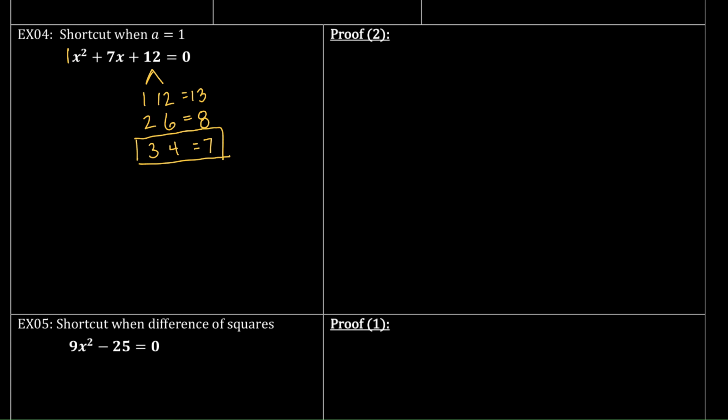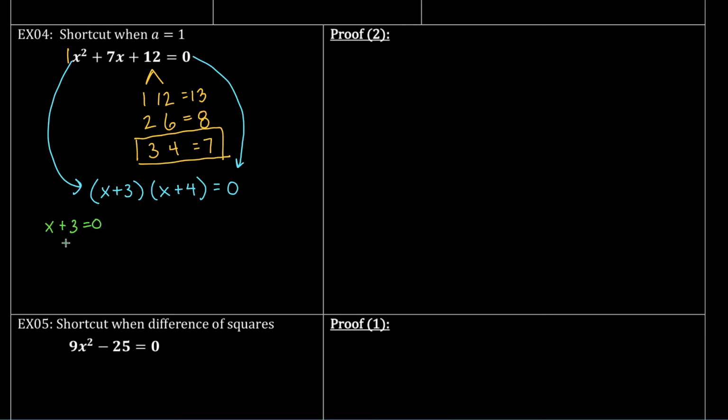So remember, the shortcut is that we can write it as x plus 3 times x plus 4 equals, now I need to bring down the 0 part. So now this will be easy. All I have to do is figure out what x has to be to make this 0.